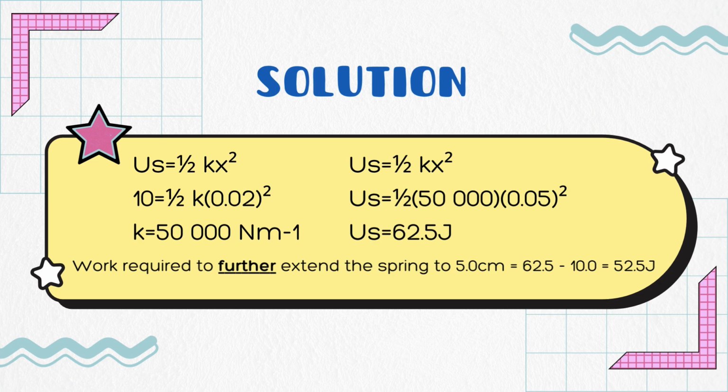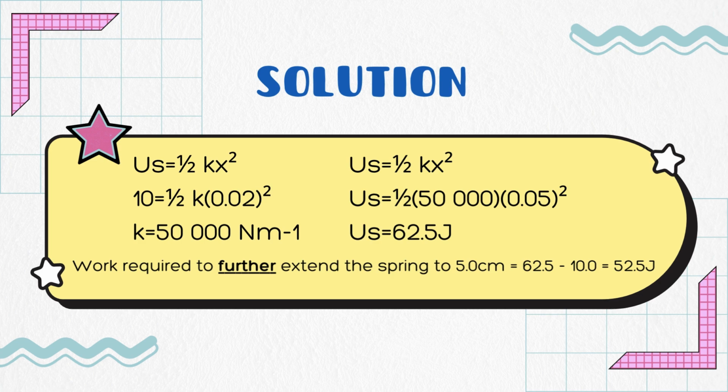k is the spring constant and x is the extension of the spring. So we can substitute U_s equals 10 and 1/2 k, which is what we need to find, and the extension of the spring is 2 cm, but we have to change it to SI unit, which is 0.02 meter.